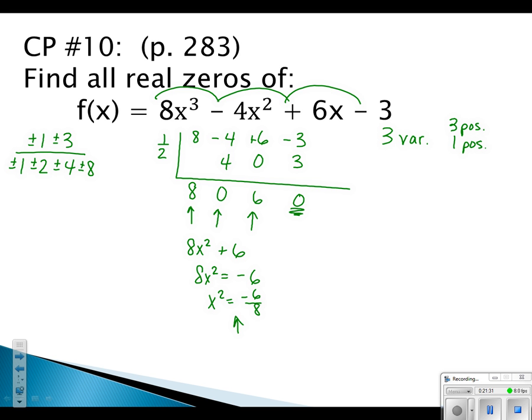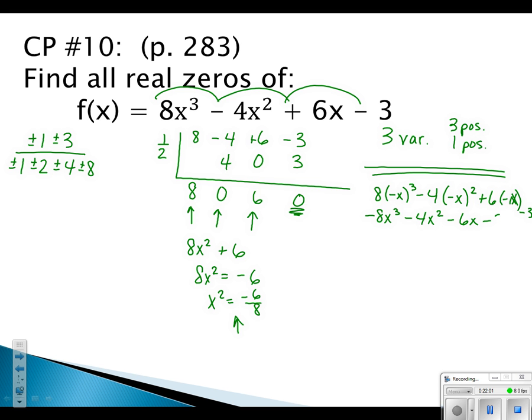Let's take a look at what happens when I do f of negative x. I'd have had 8 times negative x cubed minus 4 times negative x squared plus 6 times negative x, minus my 3. Well, this is negative 8x cubed, negative 4x squared, negative 6x, minus 3.